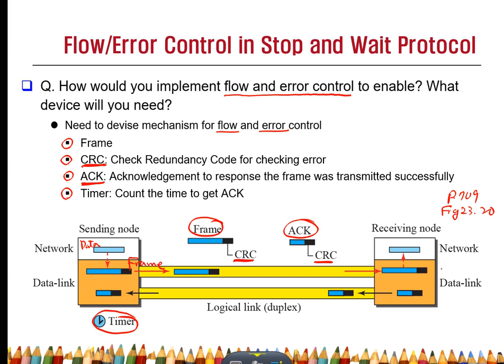Then the frame travels to the receiving node. If that delivered data is correct, then the acknowledgement with the CRC will be delivered to the sending node, and then the sending node starts to deliver another frame.